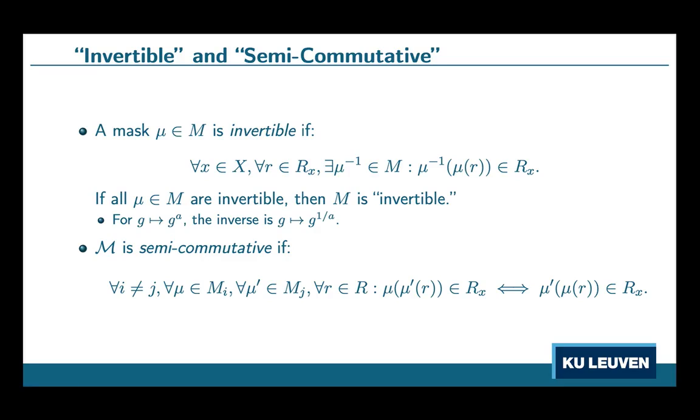And if this applies for every mask, we say that the whole structure is semi-commutative. So the semi means because of the requirement that two masks have to be from different masking sets. So we cannot guarantee that two masks from the same set will commute with each other.